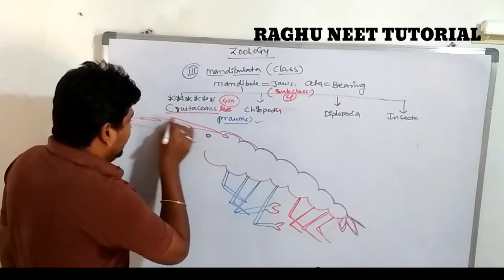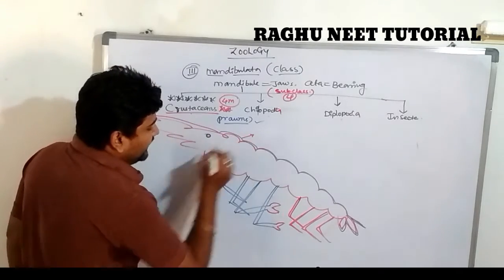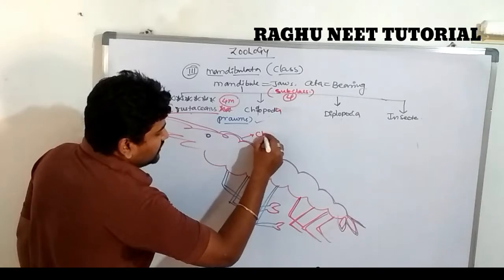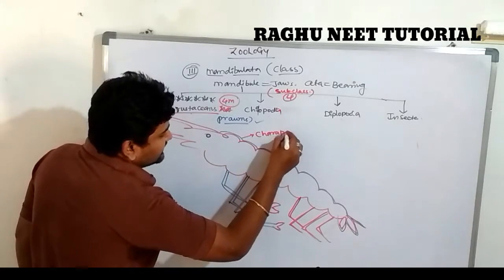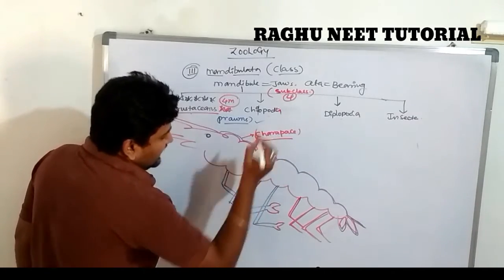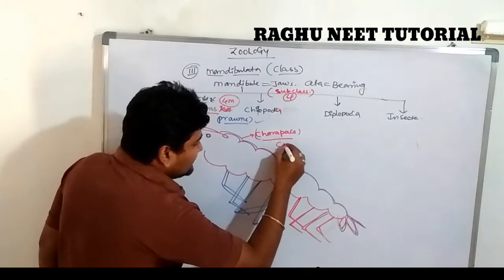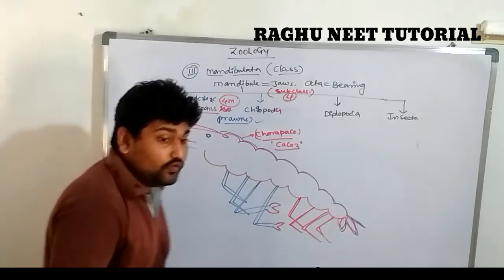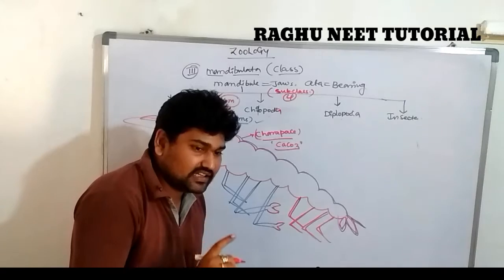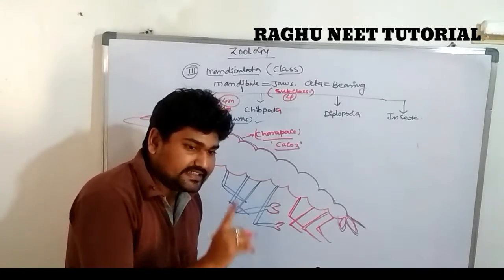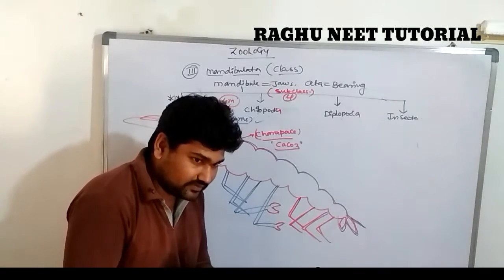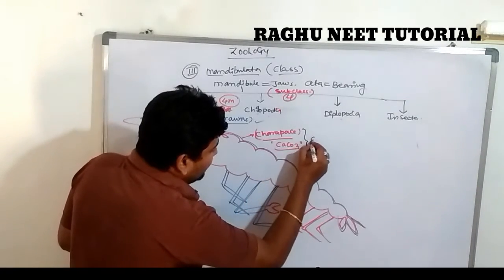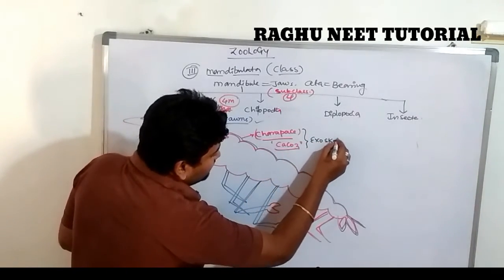The body is completely covered by the outermost covering membrane in the cephalic region. That is known as the carapace. This carapace is made up of a calcium carbonate membrane. It acts like an endoskeleton, sorry, exoskeleton. It acts like an exoskeleton.